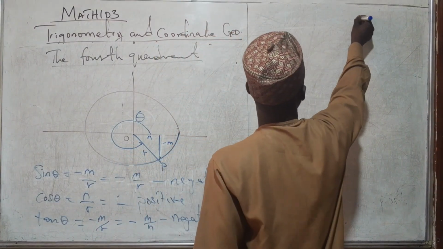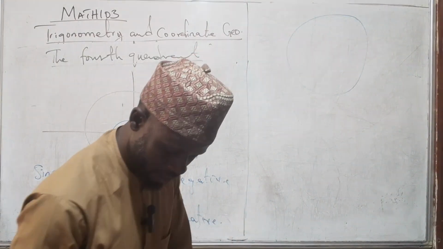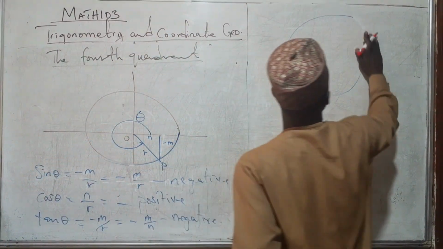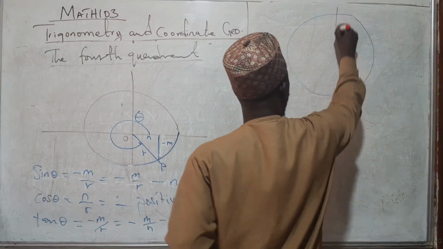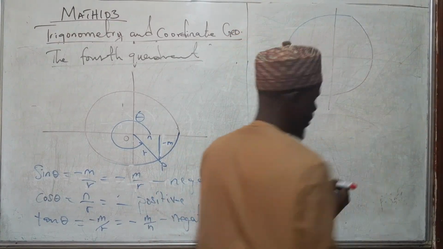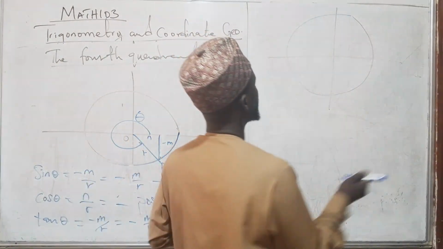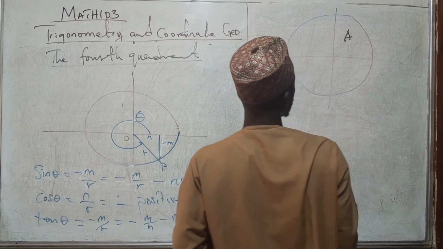So we have the four quadrants. Here is the first quadrant, everything is positive.